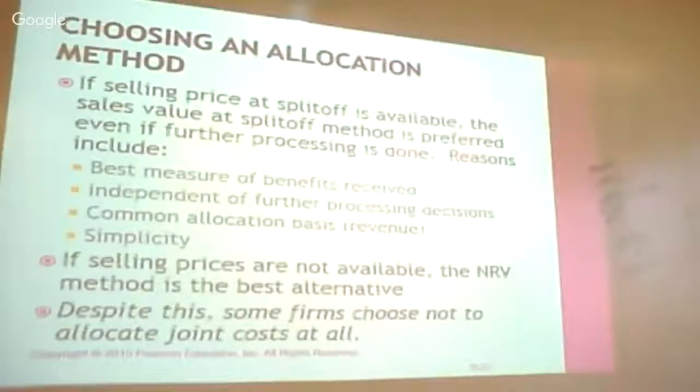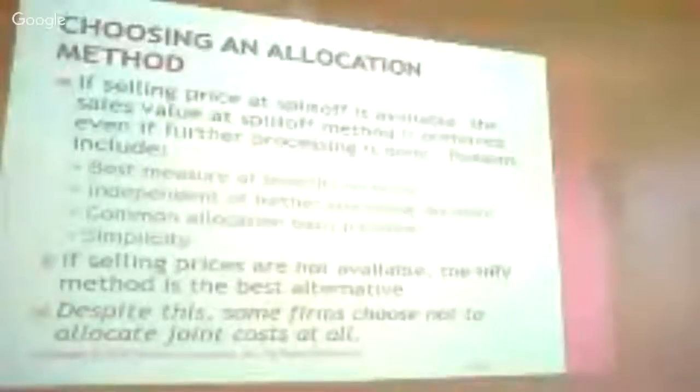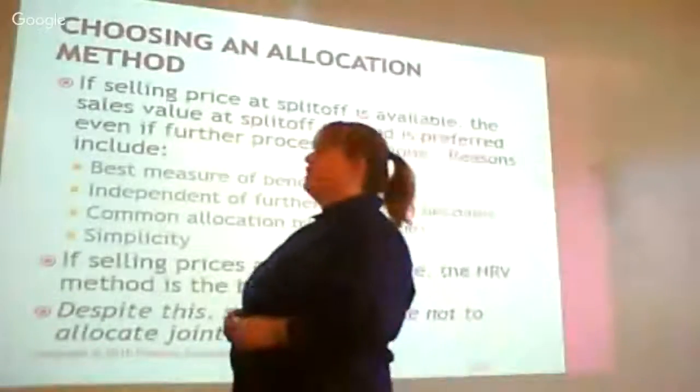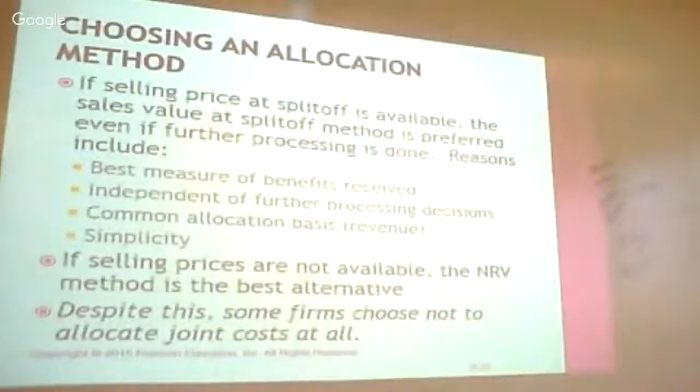And so if we know what the selling price at the split off is, that's the one we want to do. If selling price is not available, the NRV method is the best alternative. Despite this, some firms choose not to allocate costs at all. So if you know the selling price, that's the one you want to do.